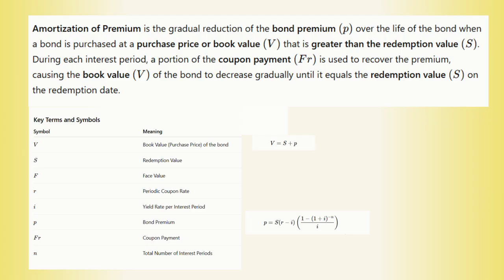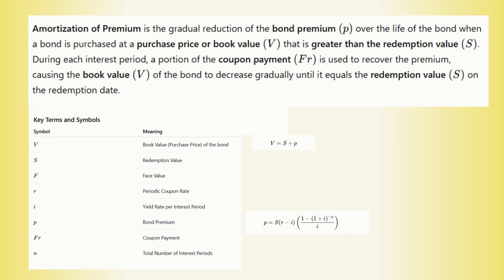Since when we say amortization of premium, it is a gradual reduction of the bond premium toward its redemption value. Sige, let's have a context for a better understanding. For example, you will buy shoes.